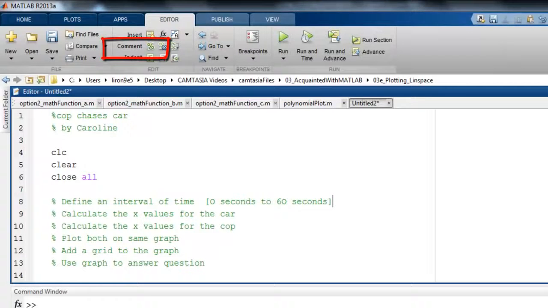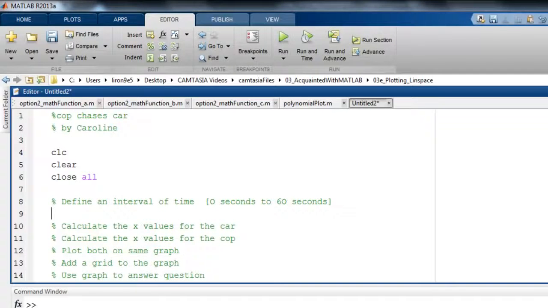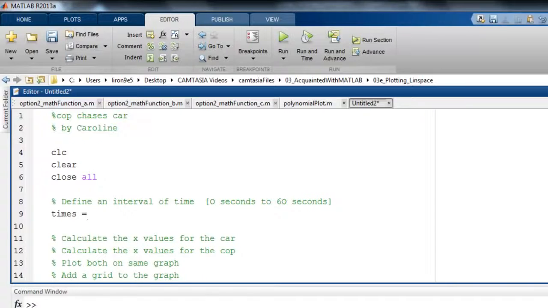And now we're on step 7b, where it's fill in the blank and code. So define an interval of time. Again, we're plotting a function. Chances are we want a lot of data points. So we're going to go linspace immediately from 0 to 60. Let's do 30 points.